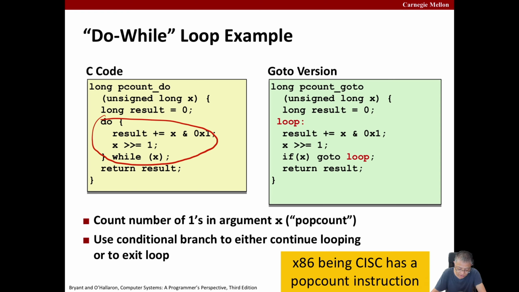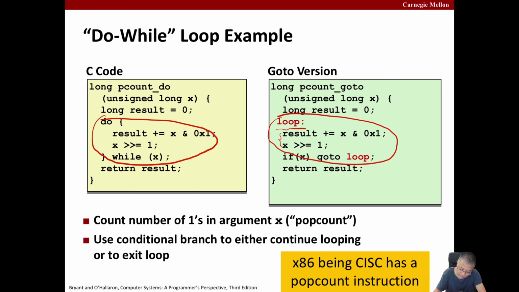With the do while loop, you always execute the loop body at least once. Then at the end of the loop body, you test for the condition. Here is how this is converted into a goto version. You set a label called loop, then this is the loop body.